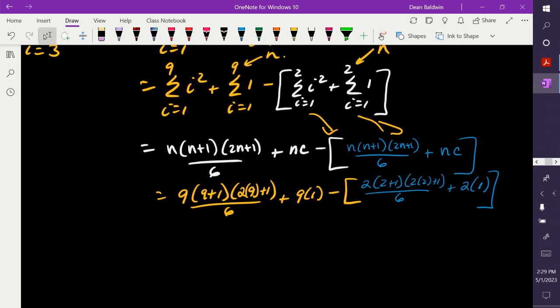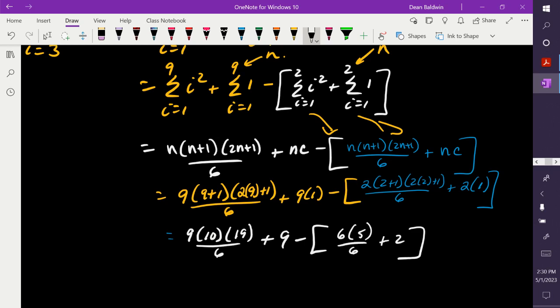And now we've got to do the math. That's 10. 9 times 10, 18 times 19 over 6 plus 9. 10 times 19 is 190, times 9 over 6.